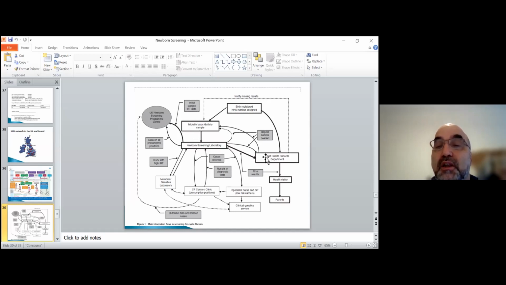Then the child health record is very important, so that they check every single baby is tested, and if the local lab has not received a test for a baby, they contact us to ask what happened, and we tell them we haven't received anything and confirm.